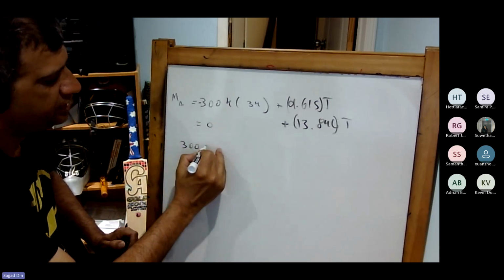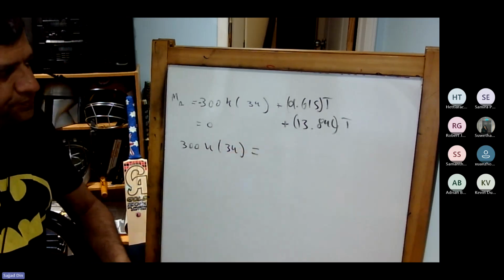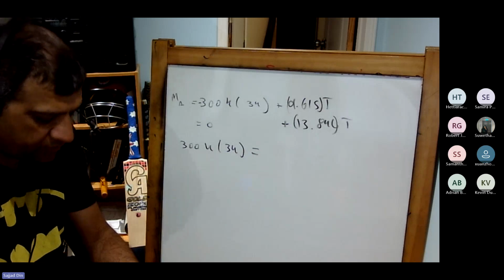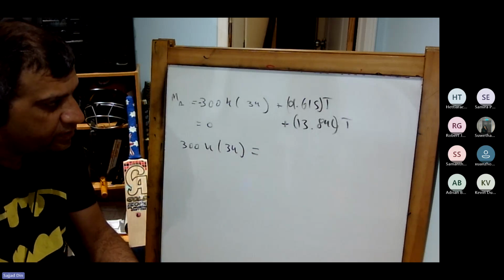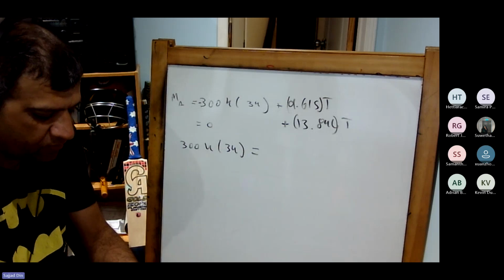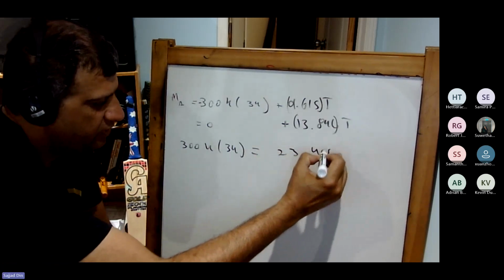So 300K times 34 is equal to 9.615 plus 13.84 is equal to 23.455.